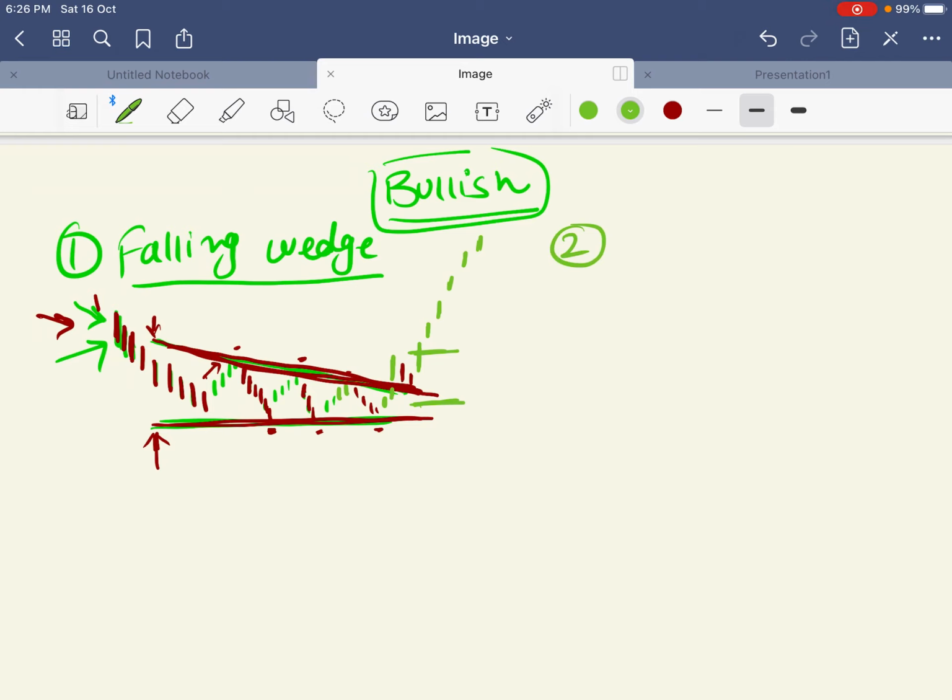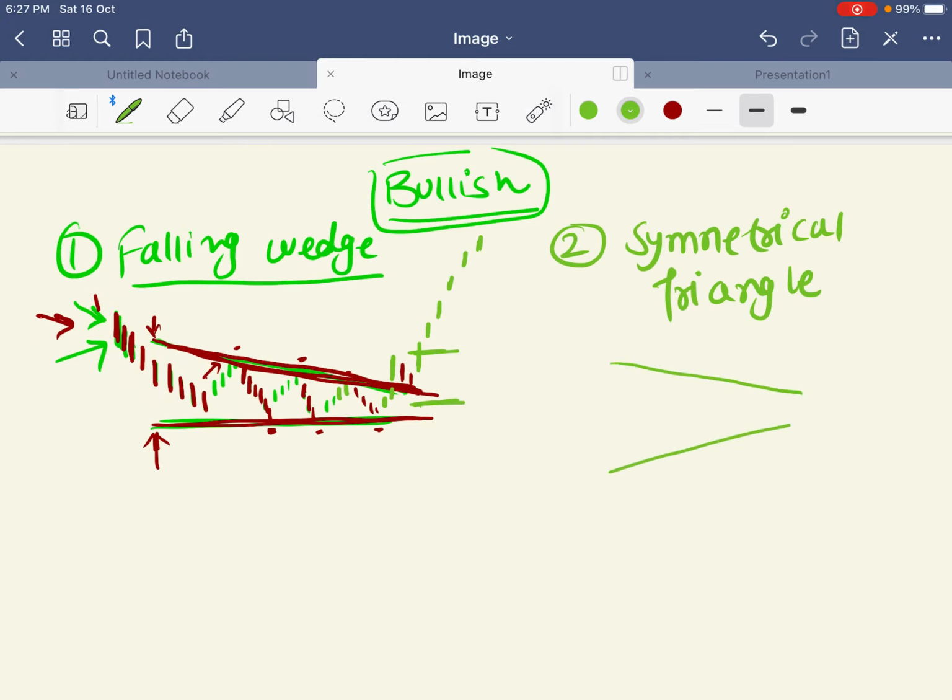The second is the symmetrical triangle. How to identify it and what does the pattern look like? In the case of a symmetrical triangle, the price behaves and trades within a symmetrical triangle. What does that mean? Let me draw this and then you will get a better idea.